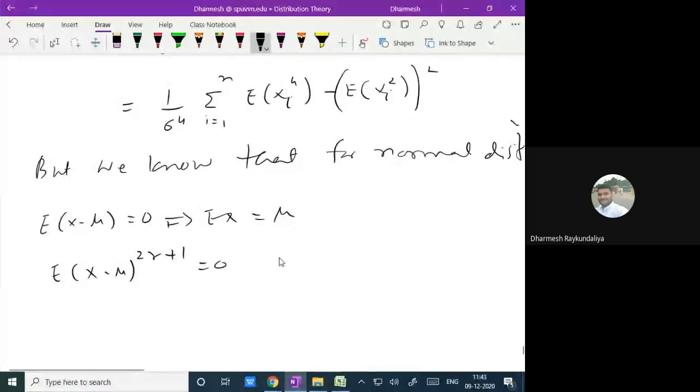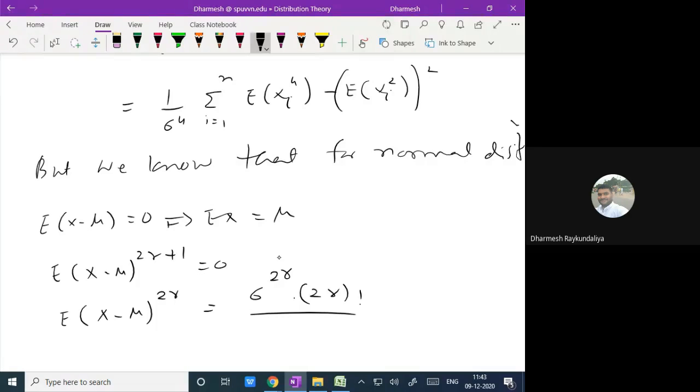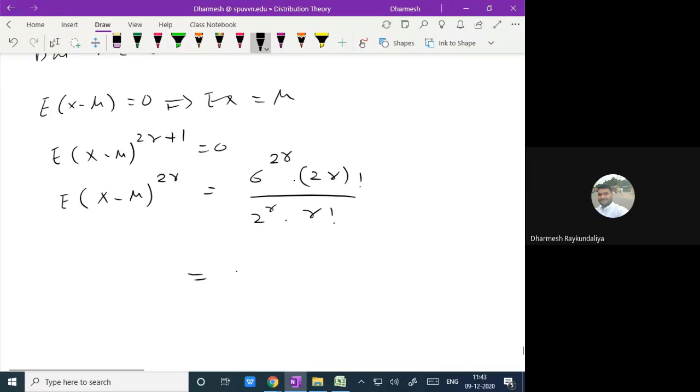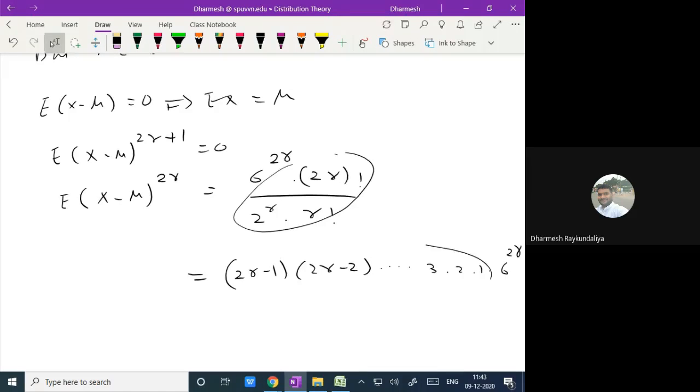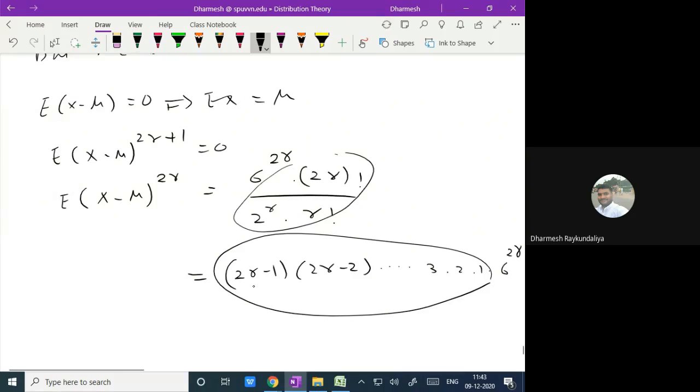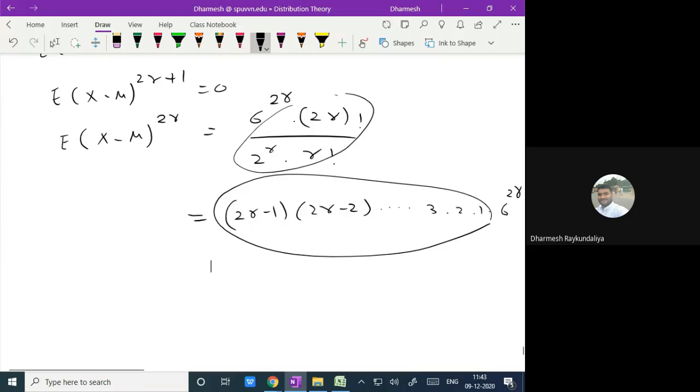And all even moments, x minus mu raised to 2r, are given by sigma raised to 2r into 2r factorial upon 2 raised to r into r factorial. Or in another way, you can write it as 2r minus 1, 2r minus 3, up to 3 into 1, into sigma raised to 2r. If you simplify this, you will get this quantity. So by using this, suppose I am writing, okay, so what is my mu for?